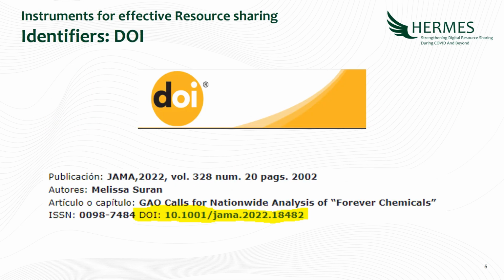But if we have these identifiers, for example, the DOI or the ISSN, it's much easier to identify the kind of document and to look for it quickly and in a precise way.